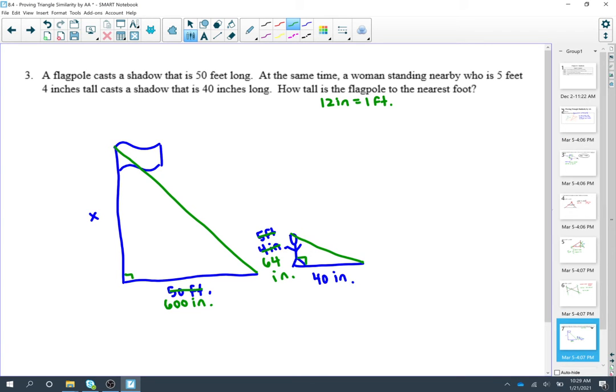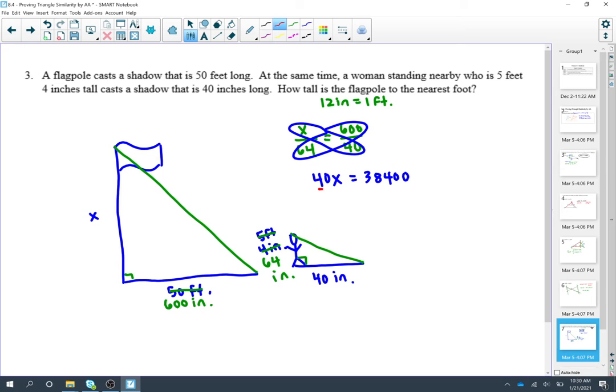inches. Then I'm going to set up my proportion, and I'm going to do x corresponds to 64, and then 600 corresponds to 40. If we cross multiply, that's going to get me 40x equals 600 times 64, which is 38,400.